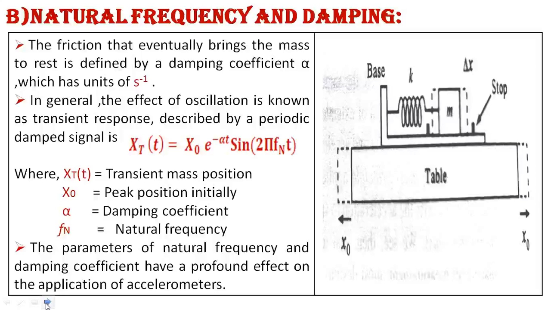Here x(t) is the transient mass position, x0 is the initial peak position, alpha is the damping coefficient, and fn is the natural frequency. The parameters of natural frequency and damping coefficient have a profound effect on the application of the accelerometer. That diagram shows how the position changes.